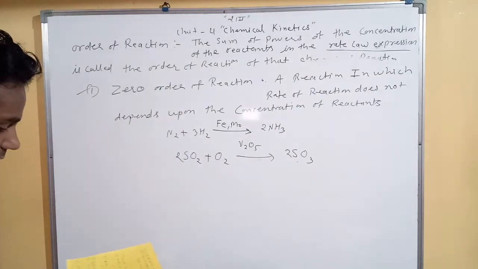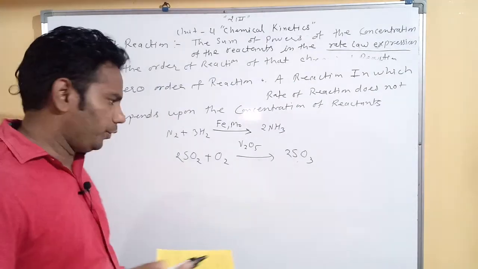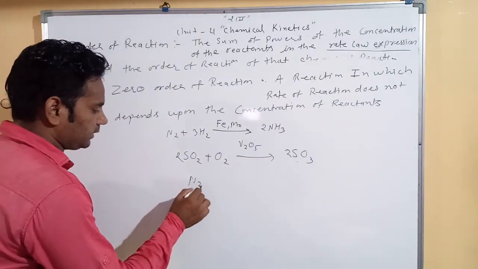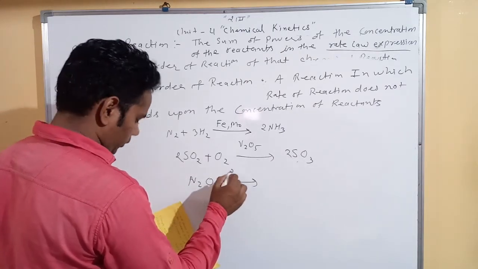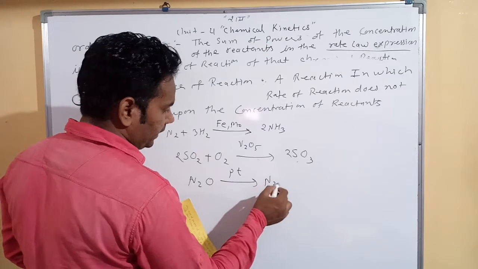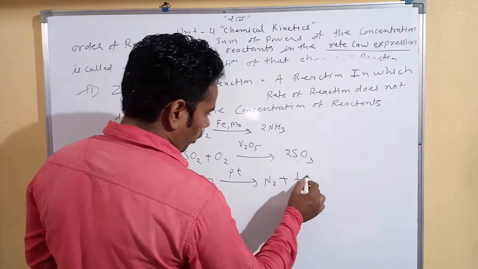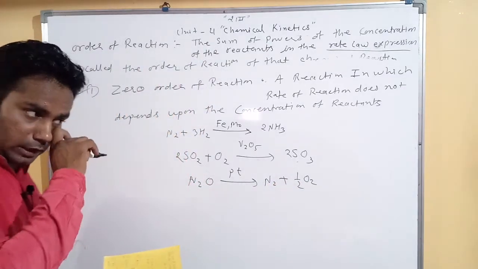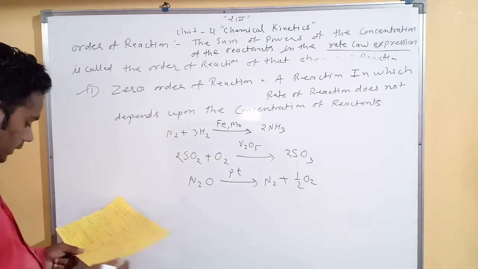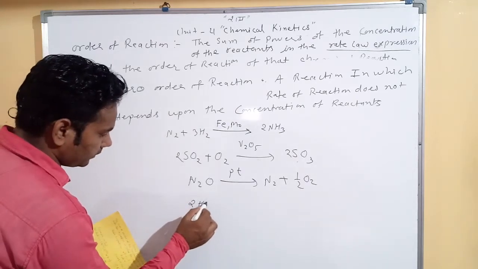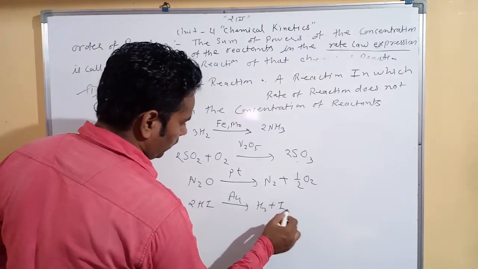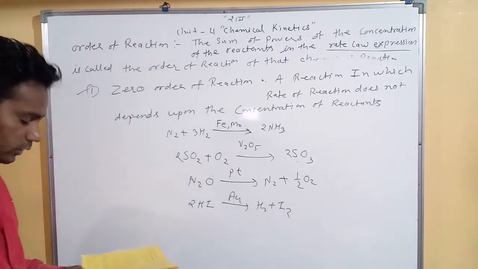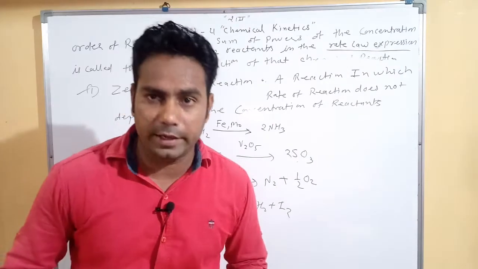So this reaction is also zero order of reaction. Then next, N2O converts in the presence of Pt into N2 plus half O2. So it is also zero order of reaction. Then 2HI converts into H2 plus I2 in the presence of gold. So it is also called zero order of reaction.